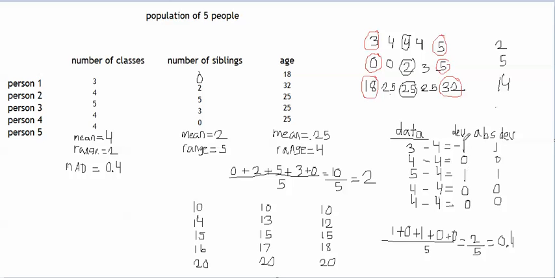Actually, these deviations will always add up to 0 for any column of data, and when they add up to 0, you can't do any more steps, because if you divide 0 by something, you just get 0. So we had to create these absolute deviations to make all of the deviations positive.